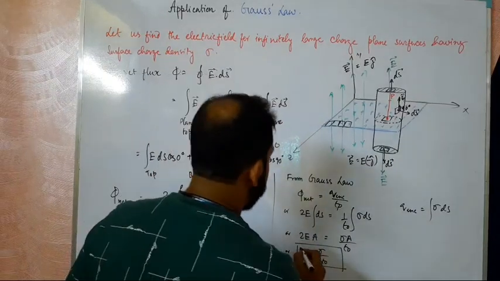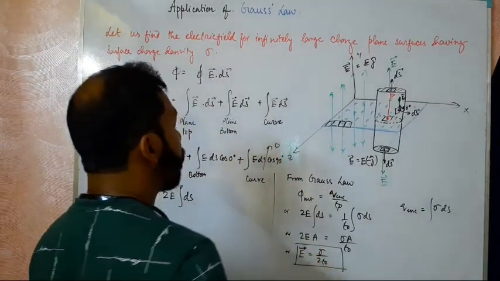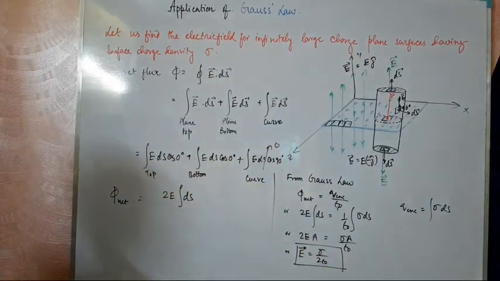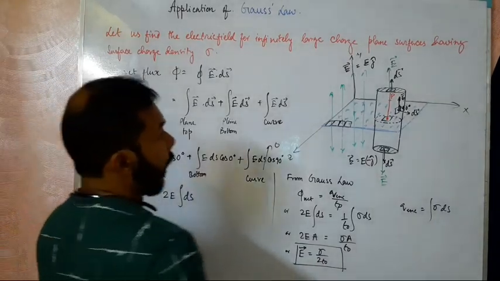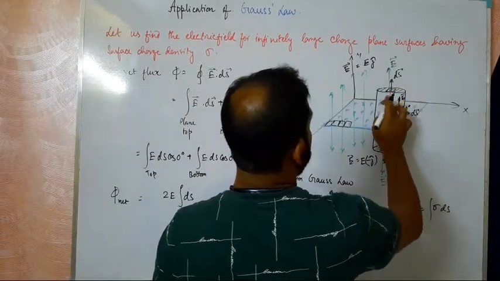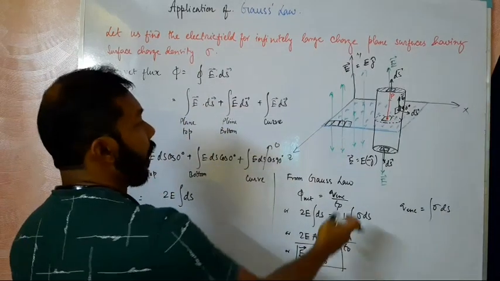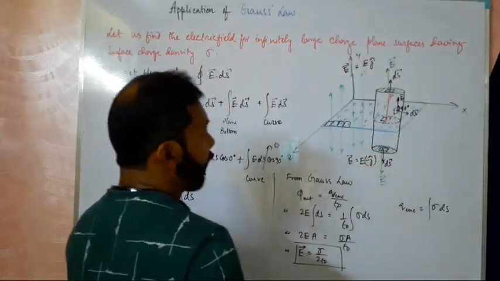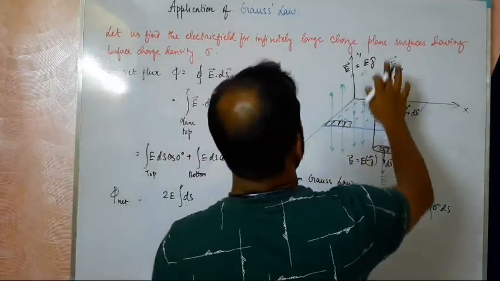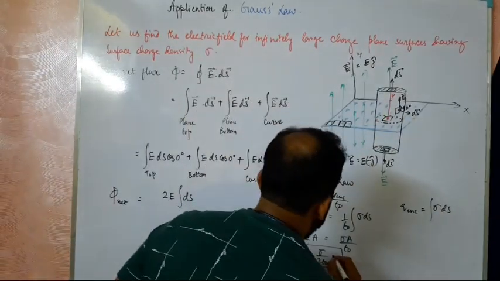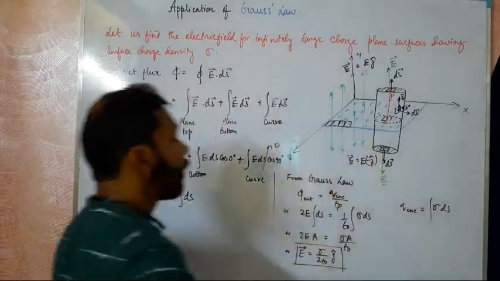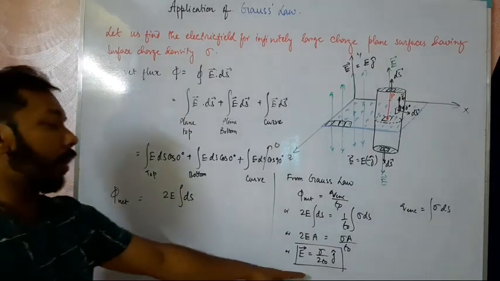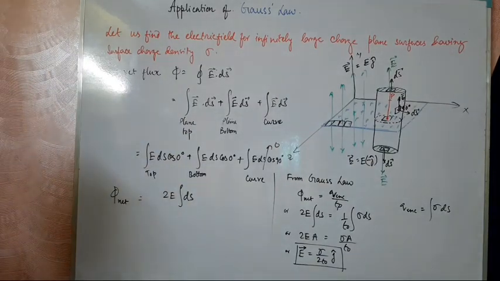If we put the vector sign, then we will have to give the direction of electric field, and as we have chosen the point in the upward direction of the plane sheet, the direction of the electric field is positive j cap. So I am writing j cap to represent the direction of the electric field.